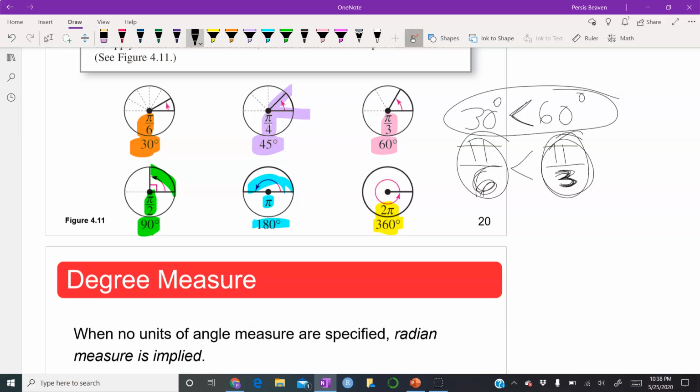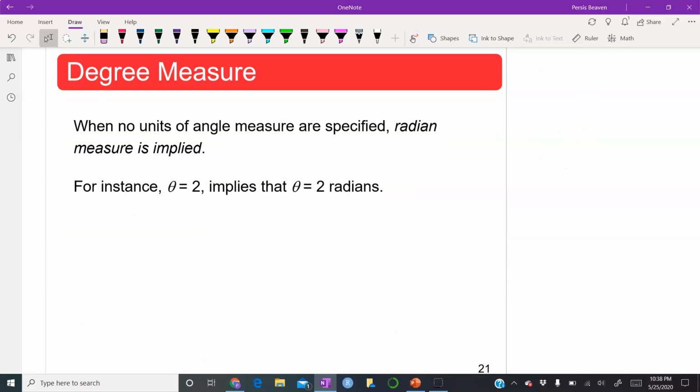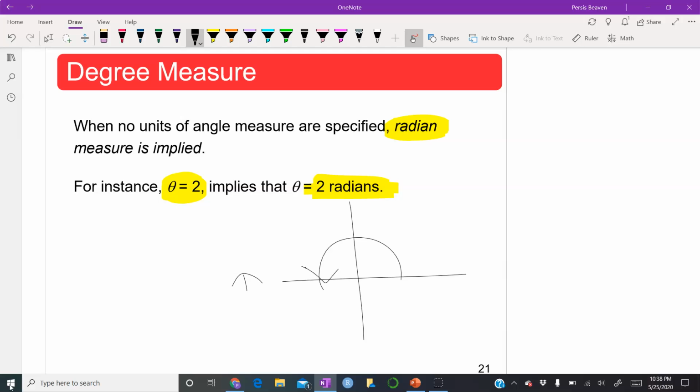So let's move on. When no units of angle measure are specified, we imply that it is radians. So don't think that because they forgot the units, they meant to say degrees. If we just say theta, remember the Greek letter, equals 2, that actually means 2 radians. And just to give yourself an idea of what 2 radians is, remember this is pi, and we know the approximation for pi is 3.14.